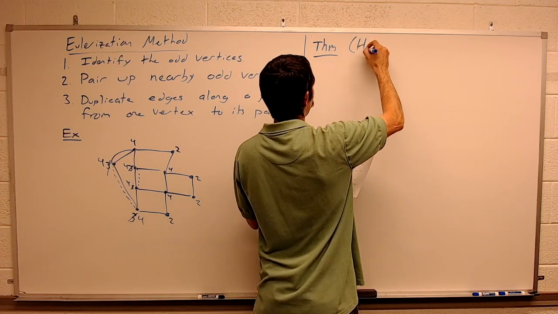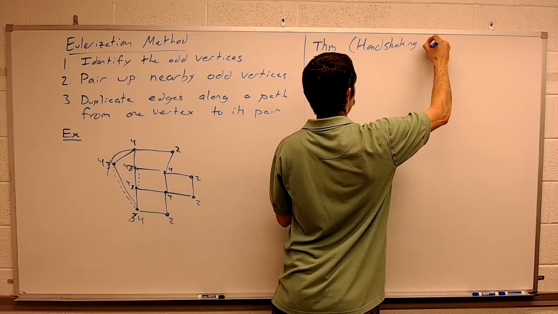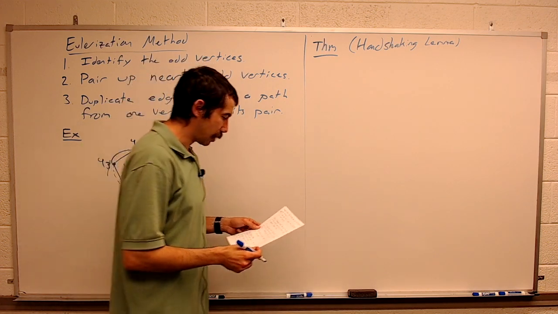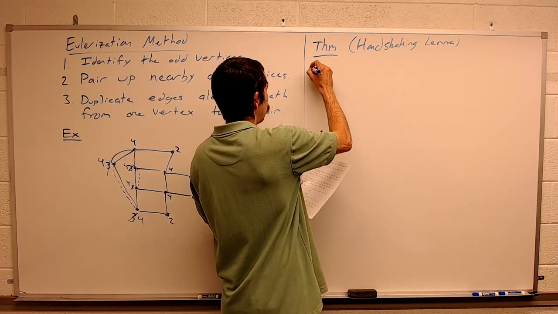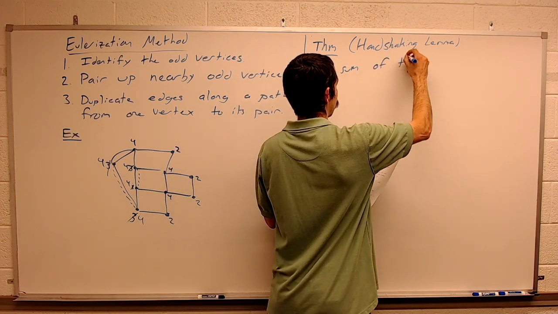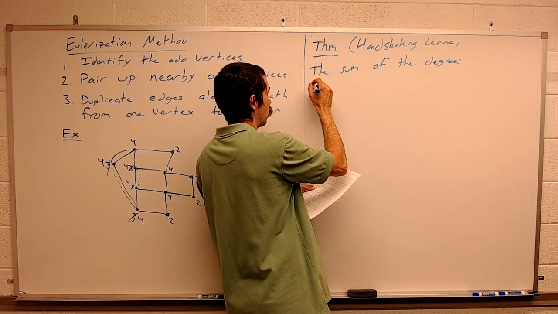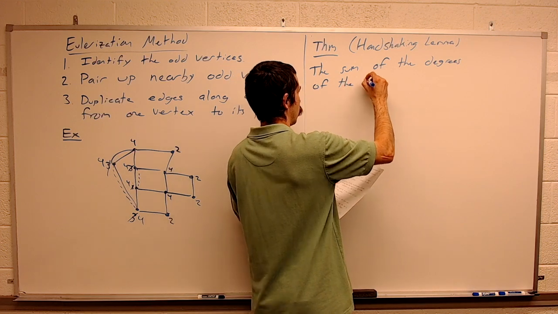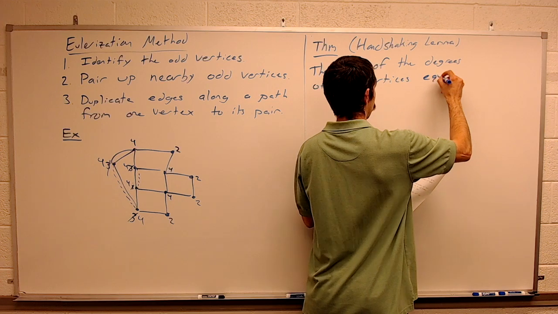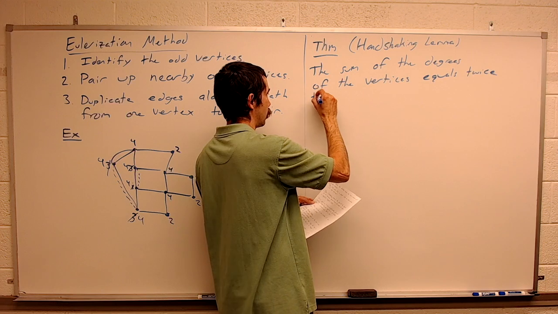This is called the handshaking lemma. Okay, what does it say? It says the sum of the degrees of the vertices equals twice the number of edges.